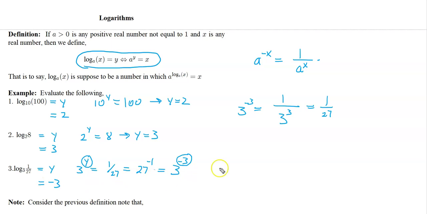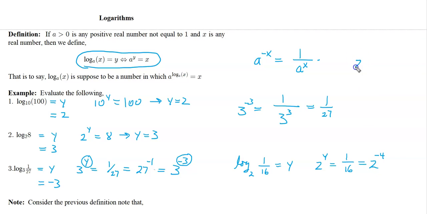Let's try one more like this before we leave. What about log base 2 of 1/16? Well, this is supposed to be a number y in which 2 to the y equals 1 over 16. Now I know that 1 over 16 is 2 to the negative 4th, right?